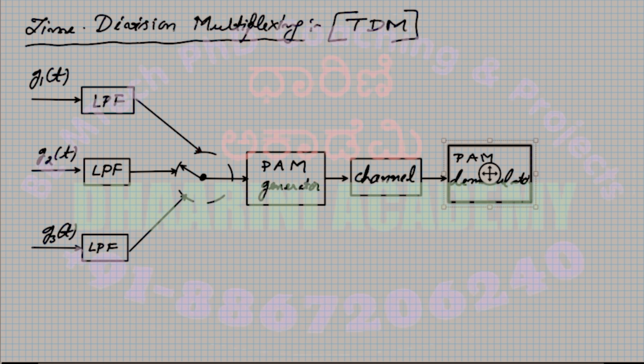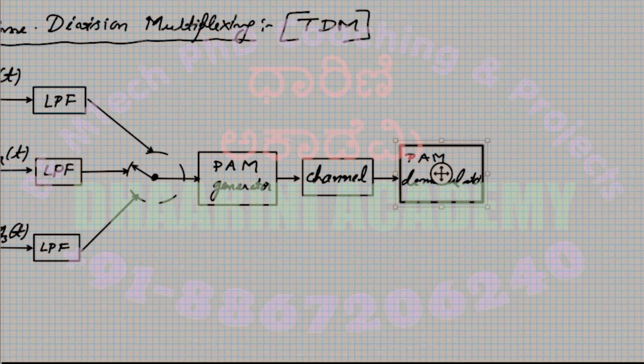So there should be a synchronization mechanism which tells where to deliver this. So again, what you need is another commutator. That's an indication that I need another commutator. Okay.